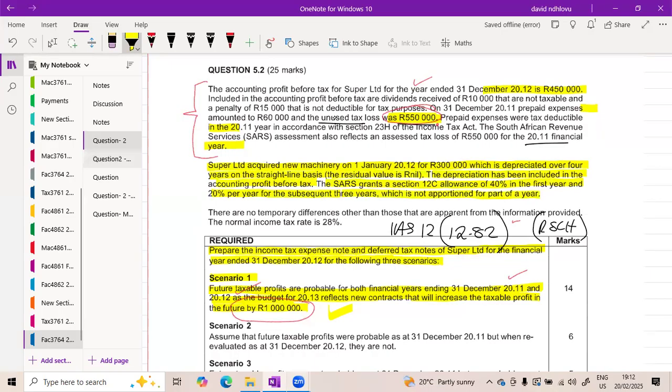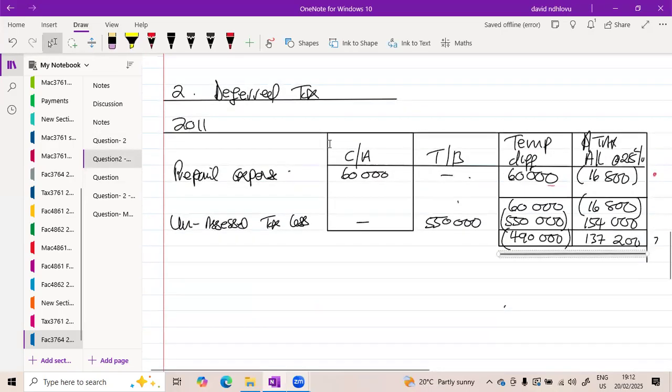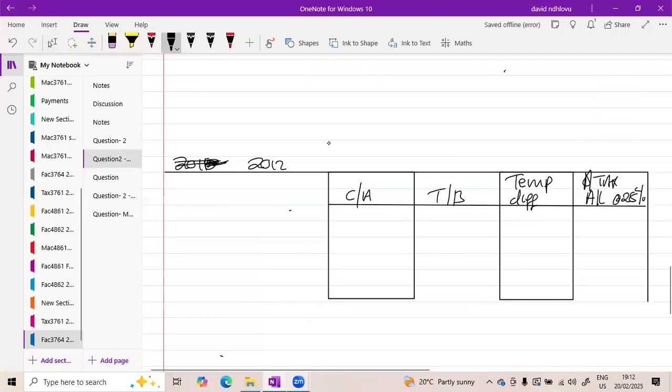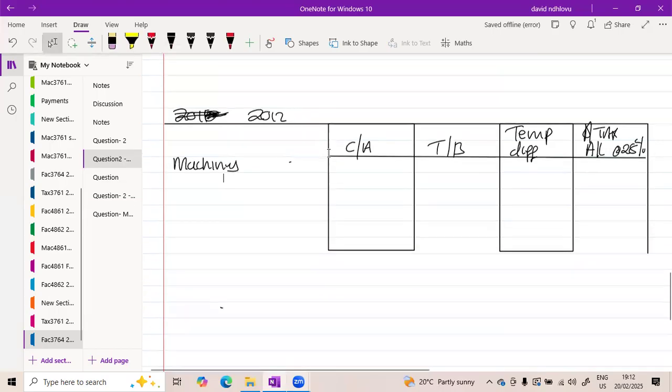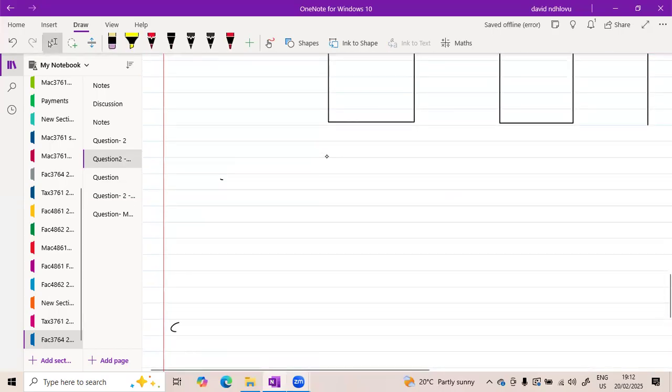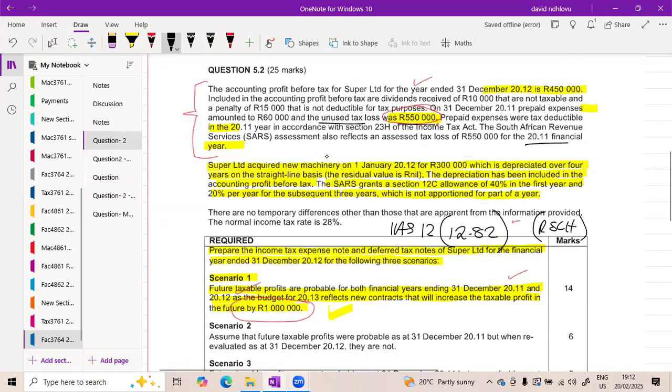All right, so now we have another asset, which is machinery. The prepaid expense will have been paid already. It's no longer there at the end of the current year. On our machinery, this machinery was bought for 300,000. We want to deduct the depreciation for that year, which is depreciated over 4 years.